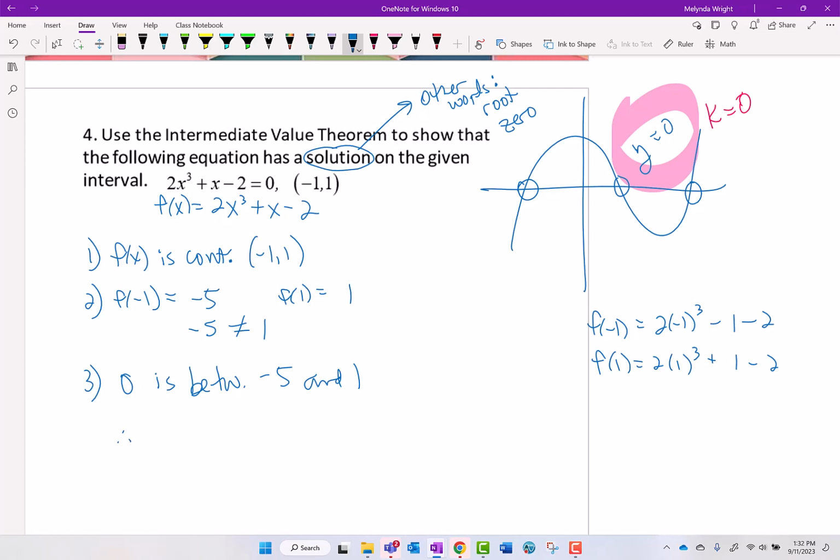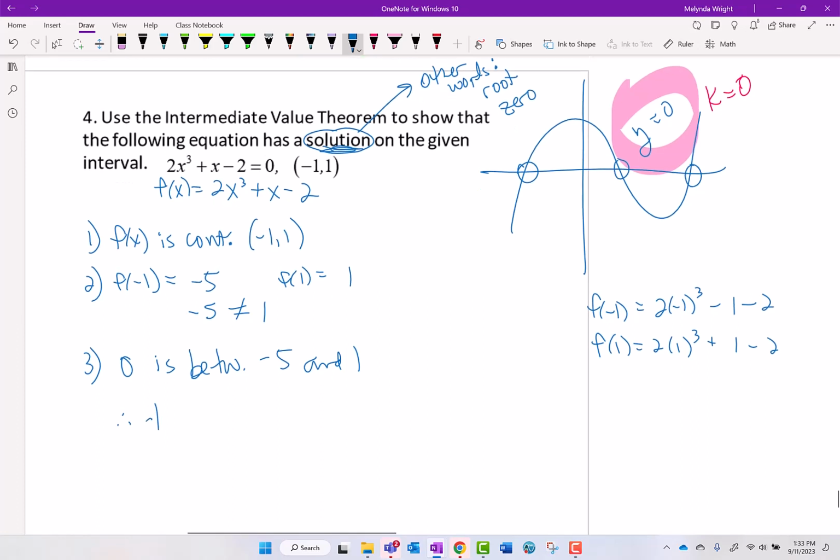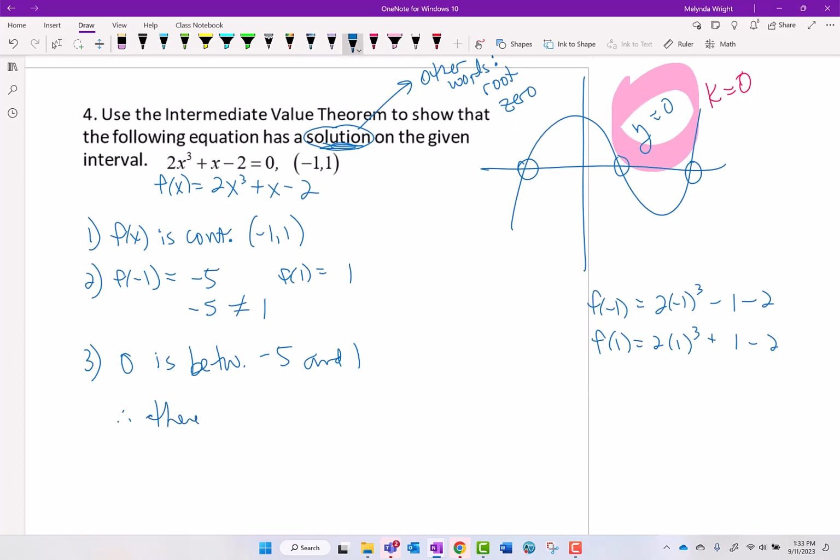They used the word solution, so we will. Therefore, there exists a number C between negative 1 and 1 for which f of C equals 0.